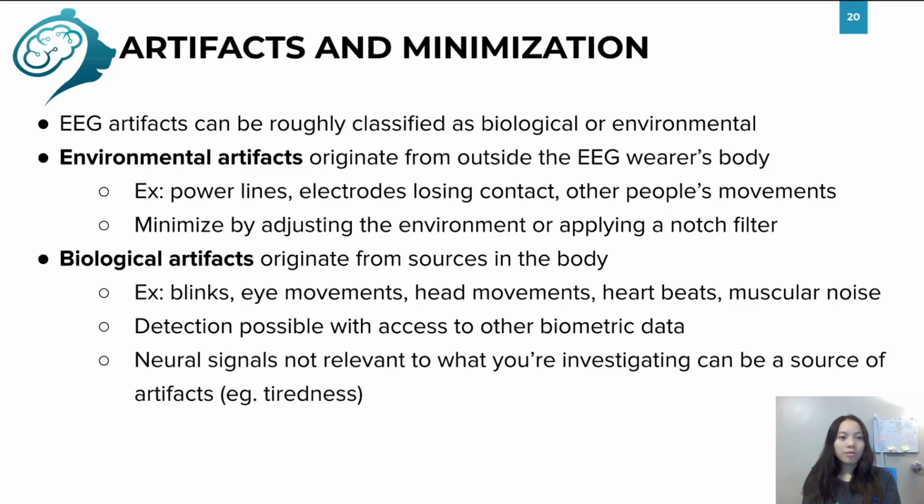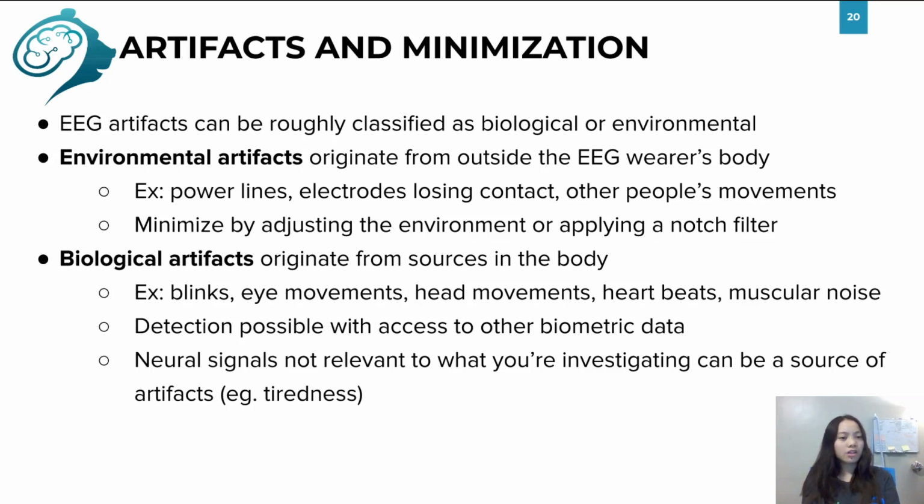And then there are biological artifacts that originate from sources in the body. The common ones, as stated earlier, are blinks, eye movements, head movements, heartbeats, and muscular noise. You can detect those artifacts if you have access to other biometric data like the electrooculogram or eye tracking data for eye movement artifacts, accelerometer data for head movement artifacts, and electrocardiogram data for heartbeat artifacts.